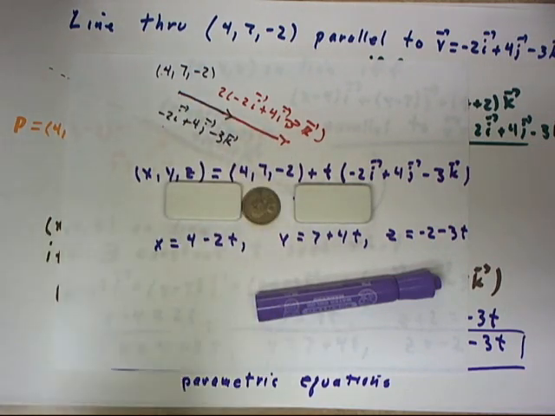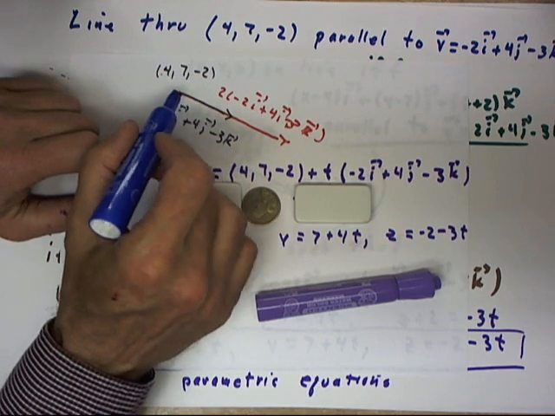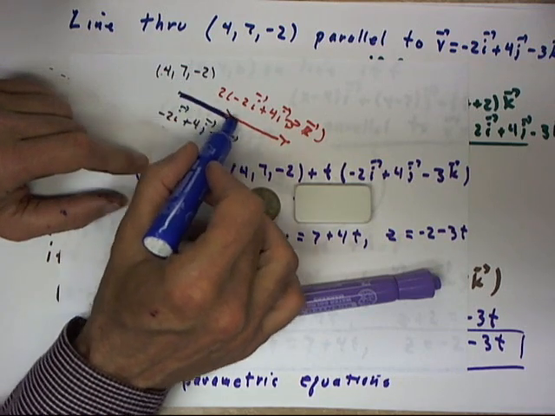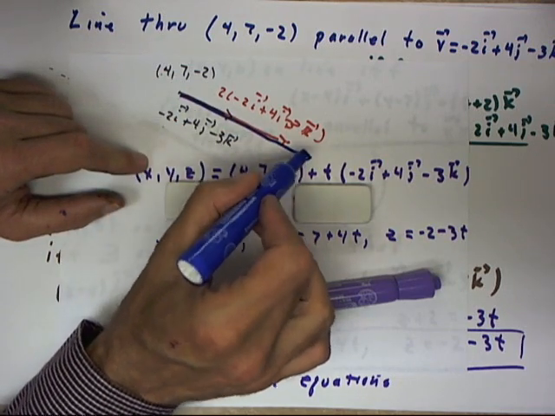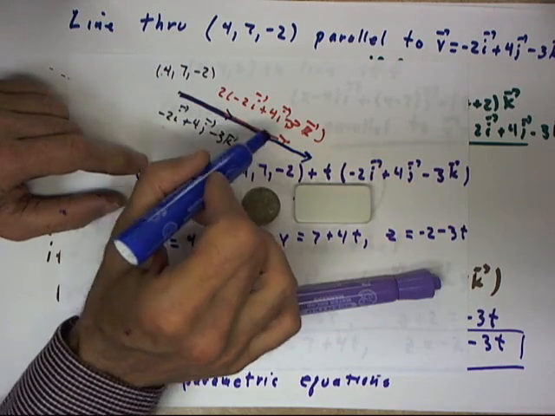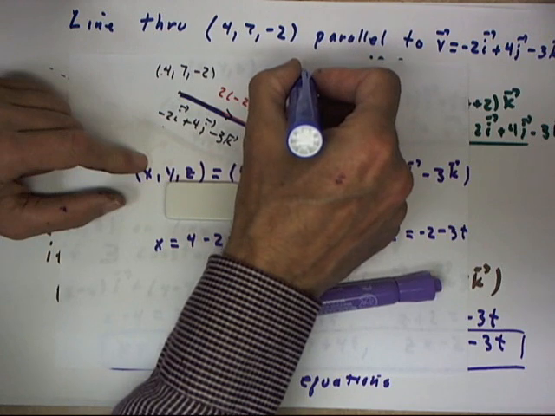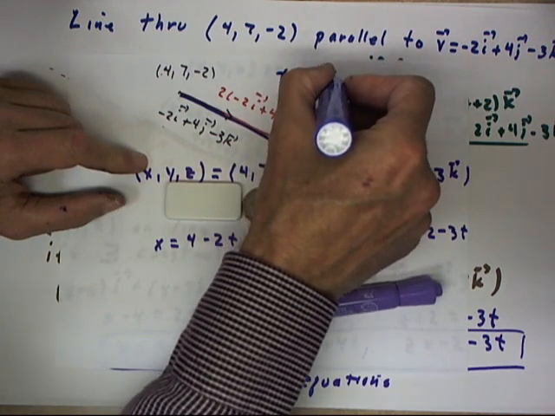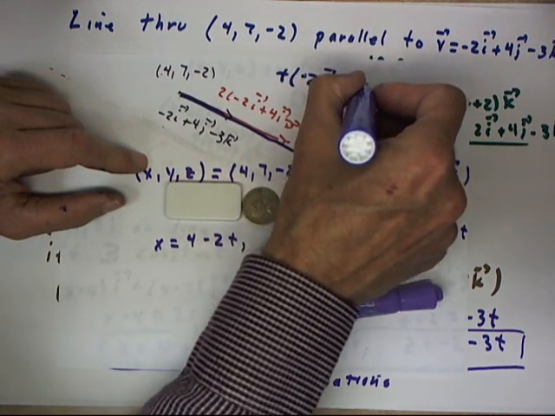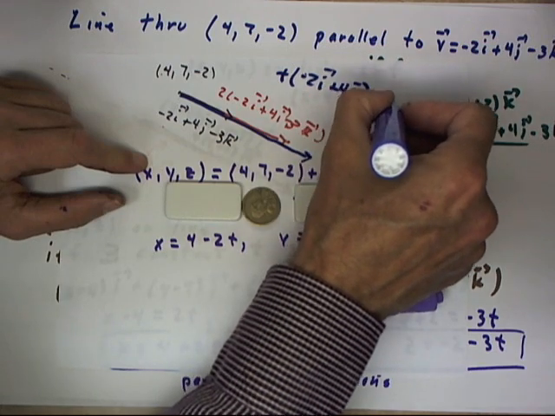same line, so that the general form of a point on this line would be to start with this vector and proceed along the vector t times (-2i + 4j - 3k).